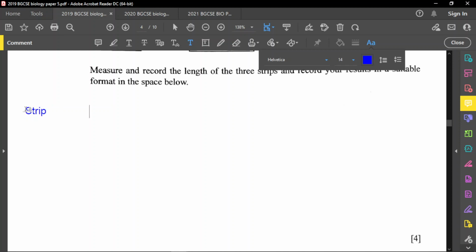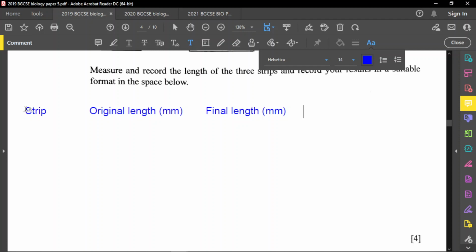And then my second column will be my original length. I want my original length. That's going to be important. And I want my final length as well. Make sure you put your units as well. So this is going to be, let's put millimeters. You can put centimeters as well, not a problem. And this will be our final length, again with the unit, millimeters.